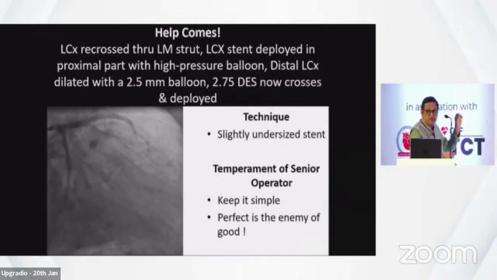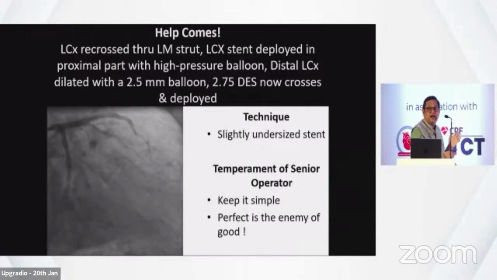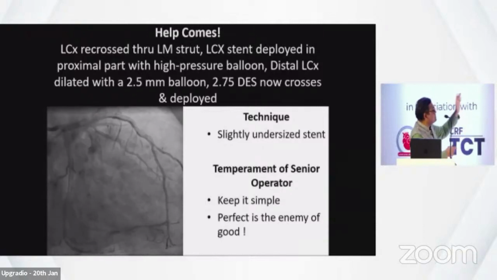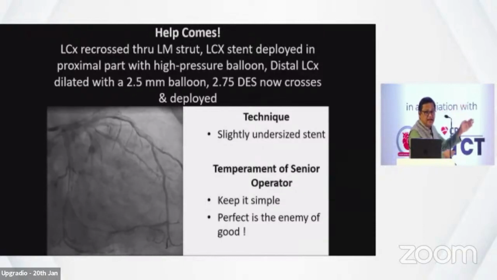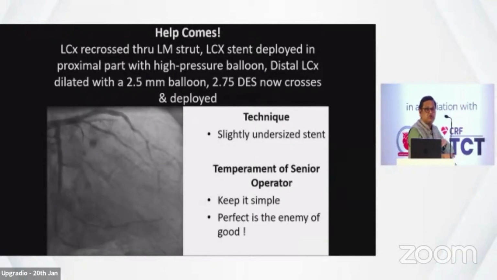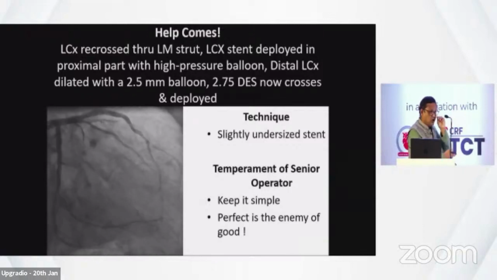And he knows it will be very difficult to push this stent distally because some of it might even be entangled with the left main stent. So he deploys it there at a higher balloon pressure and then takes another stent, crosses through it and then deploys distally. So this is what is done by the senior operator.